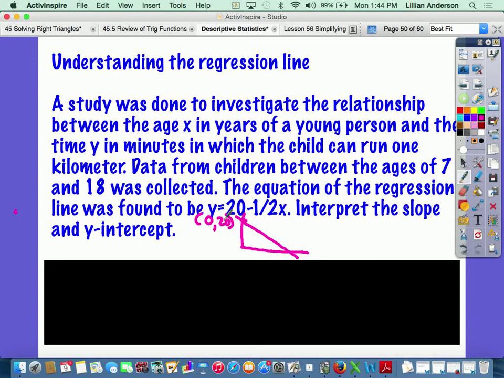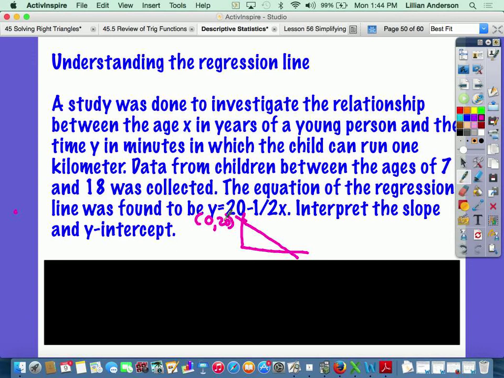My y-intercept is 20. So you're telling me that at age 0, I'm running 1 kilometer? Does that make sense? No. So when you're interpreting the y-intercept, what would you say on the IB exam if this was on there? That it takes 20 minutes for a 0-year-old to run a kilometer.